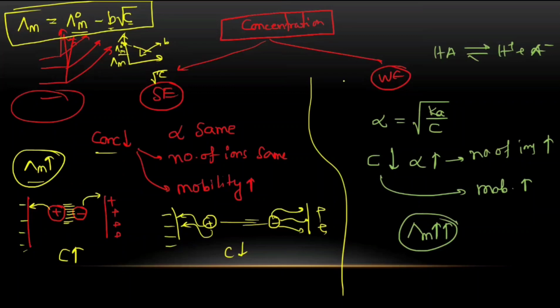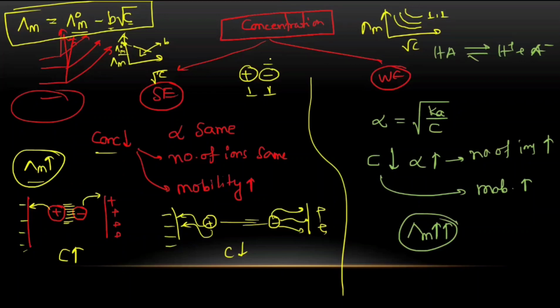Now for a weak electrolyte, the graph of lambda m versus root c will be like this. If an electrolyte has a mono positive cation and a mono negative anion, that means 1 unit of positive charge and 1 unit of negative charge, its graph will be like this: 1 1.